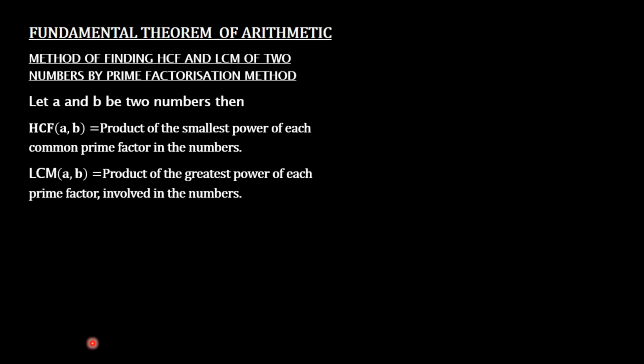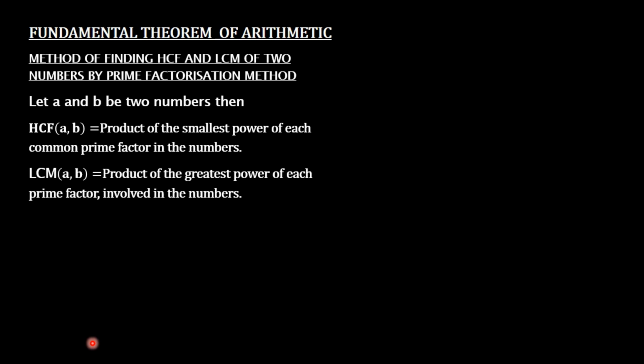How we are using the fundamental theorem of arithmetic here is that we know every composite number can be decomposed as a product of primes. If A and B are two numbers, either prime or composite, and a number is composite, we can decompose it as a product of primes.